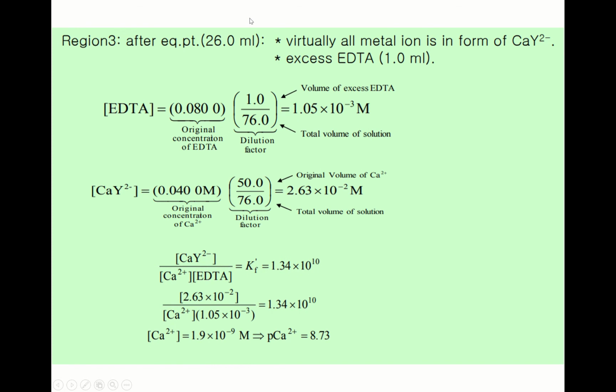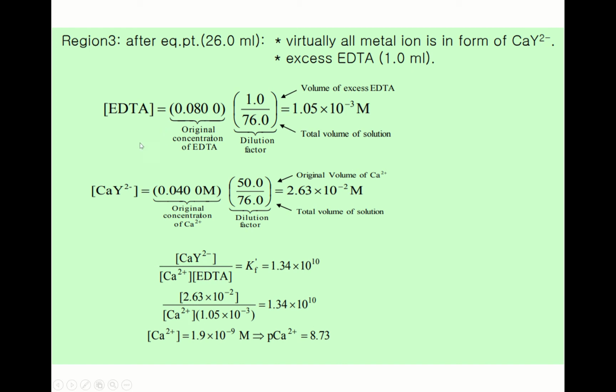All right, now after the equivalence point, consider you just added 1 milliliter more past the equivalence point. Virtually all metal ions are in the form of the calcium-EDTA complex, and the excess amount of EDTA is simply 1 millimolar.